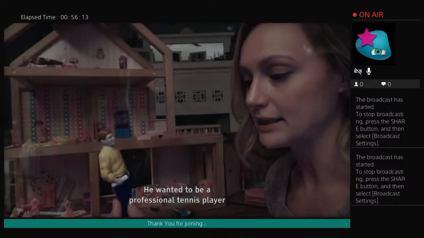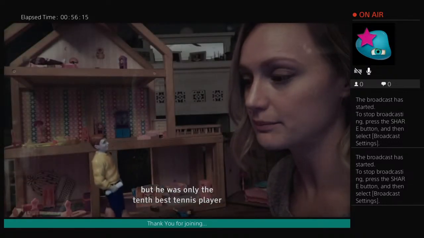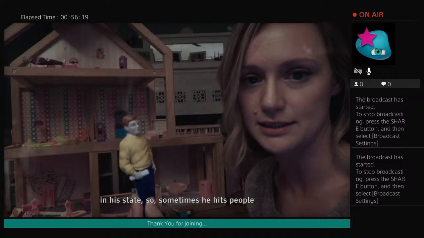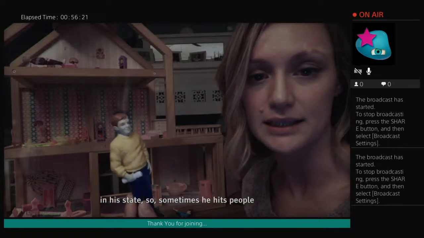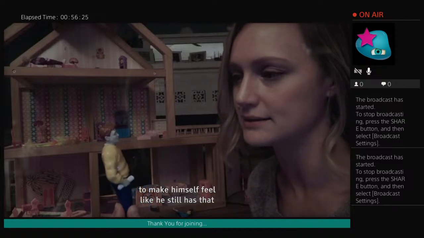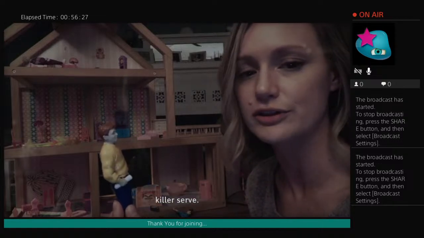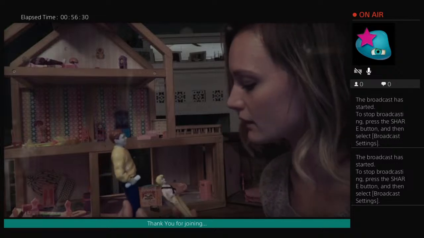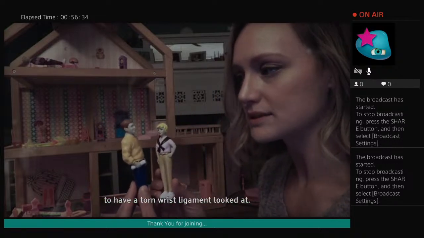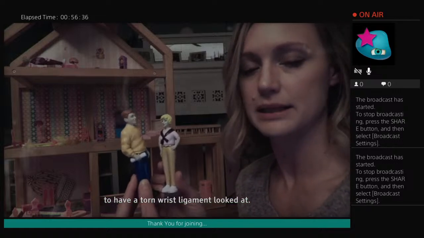He wanted to be a professional tennis player, but he was only the 10th best tennis player in his state, so sometimes he hits people to make himself feel like he still has that killer serve. Emma meets Paul at work when he comes in to have a torn wrist ligament looked at.